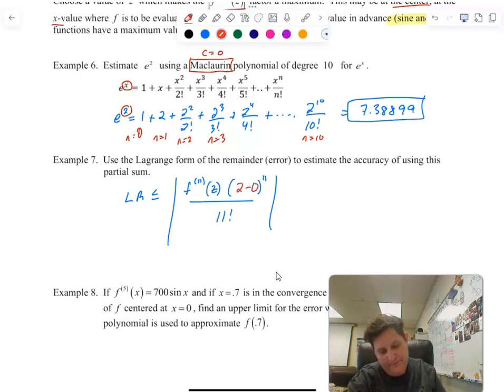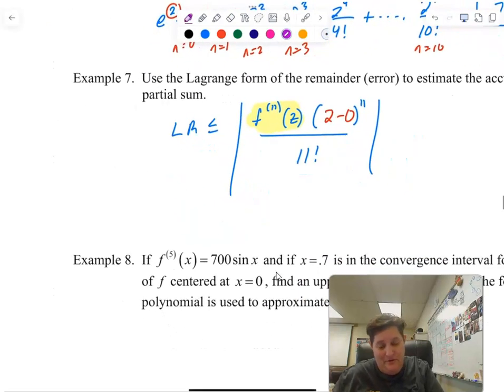C is 0. Okay? And what I want to do is find the maximum of the 11th derivative. Now this is a little bit tricky, but let's think about what the 11th derivative is. They gave you this because I'm going to 11 derivatives, but this is e to the x.